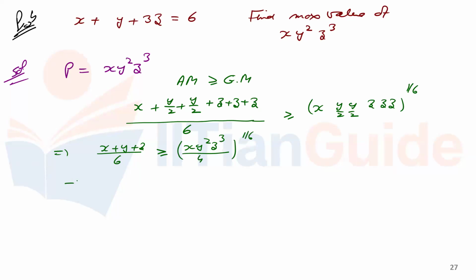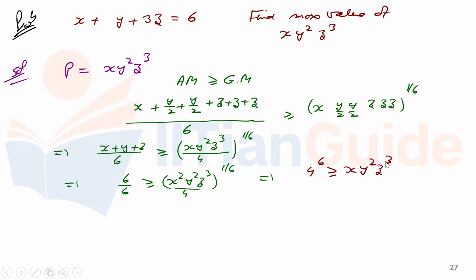Now x plus y plus z is 6, so 6 by 6 is greater than or equal to x y square z cube by 4, whole power 1 by 6. Now 6 by 6 is 1. Now cross multiply, then I am getting 4 power 6 is greater than or equal to x y square z cube.